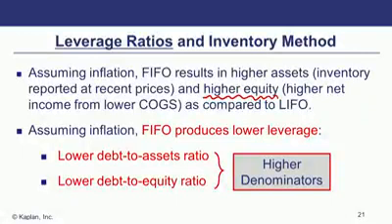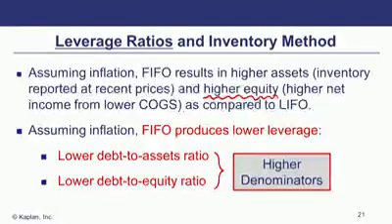So we get higher equity under FIFO. Higher net income, and of course lower cost of goods sold. But that's why we have higher net income. Remember, cost of goods sold under FIFO is lower by the change in the LIFO reserve.